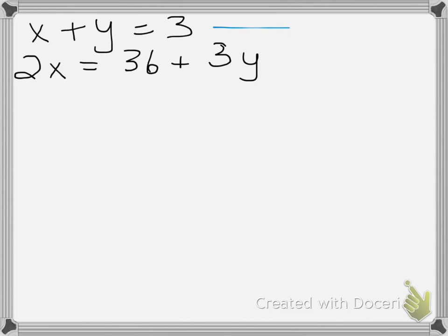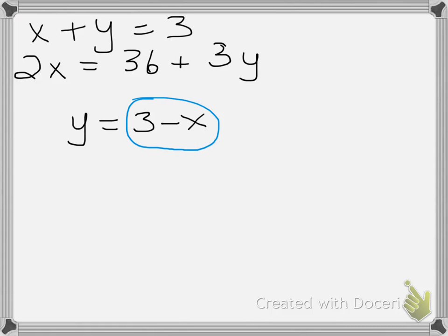So from the first equation here, I can make a pretty easy substitution of variables, namely that y is equal to 3 minus x. If I know that piece of information from above, and all I did was subtract x on both sides to isolate y. So here I have an expression solely for y in terms of x.